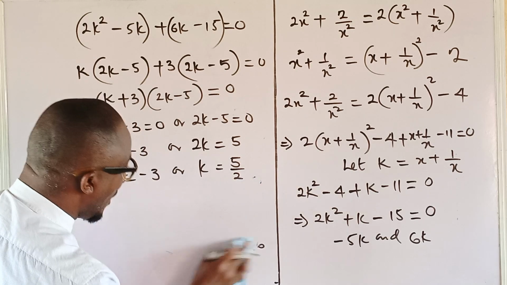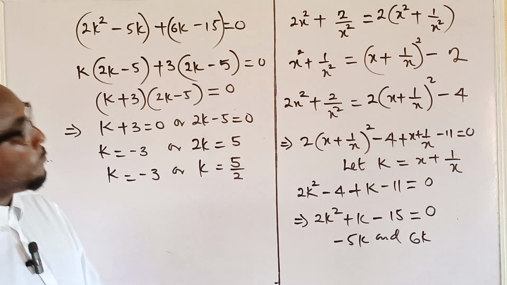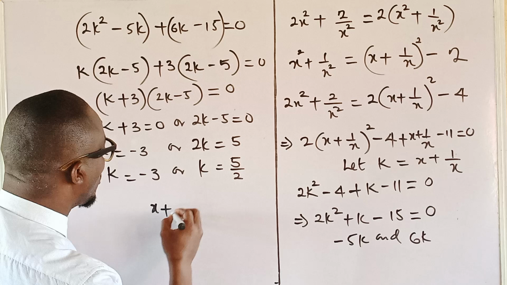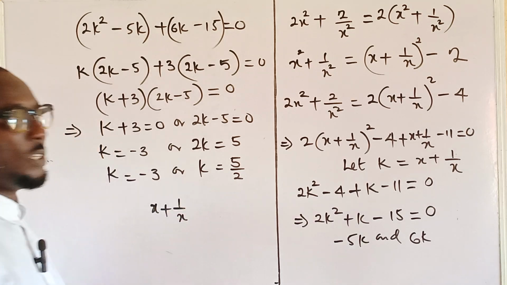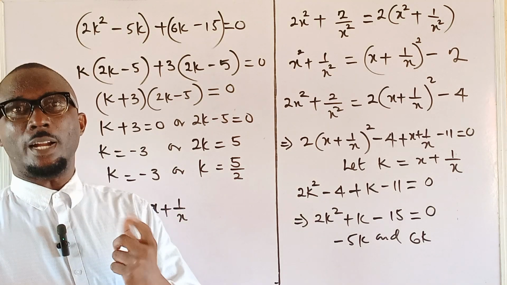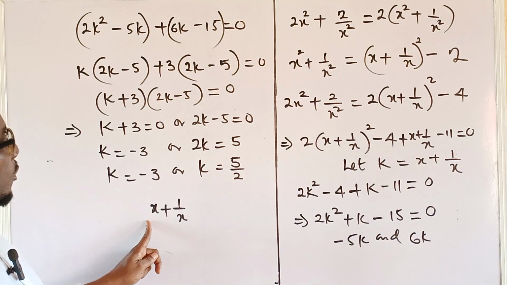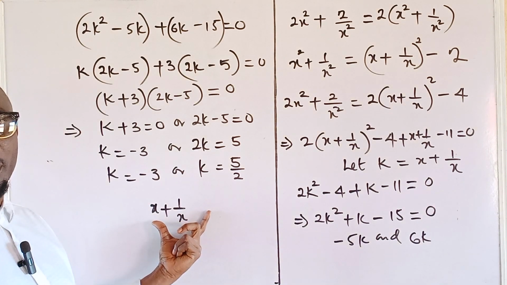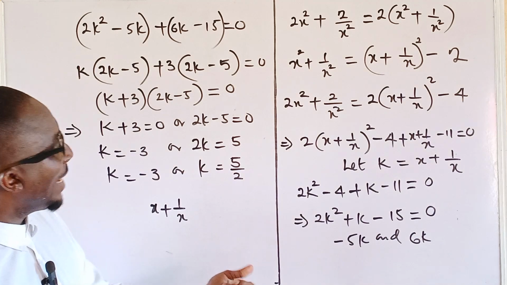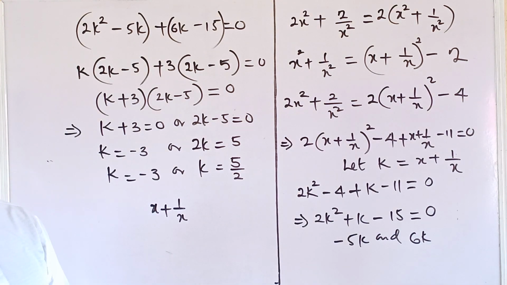If we were to solve for the value of s plus 1 upon s directly, that would have taken a longer time. We needed to find the value of s and add it to its inverse, but our substitution has refined the context of this problem.